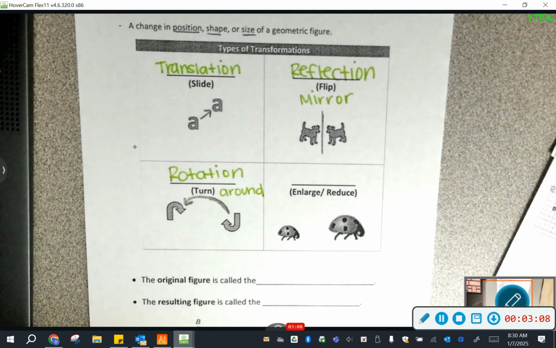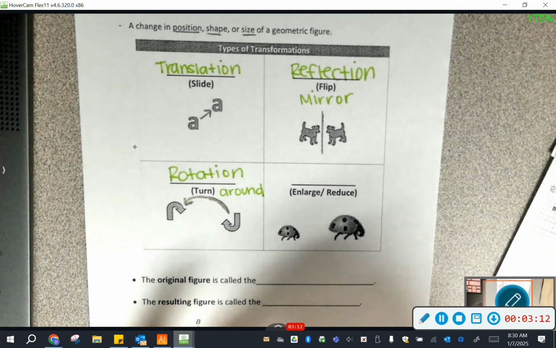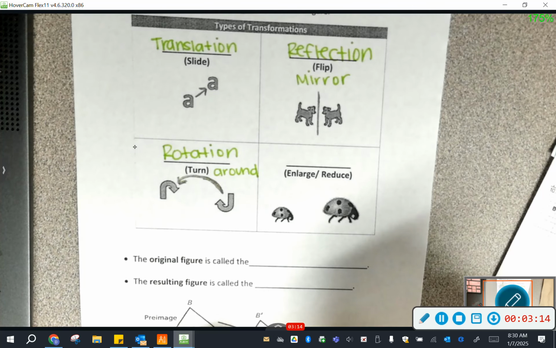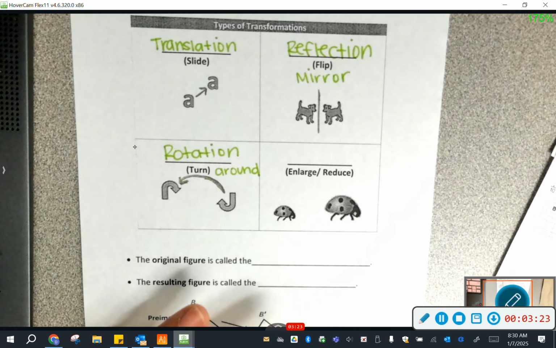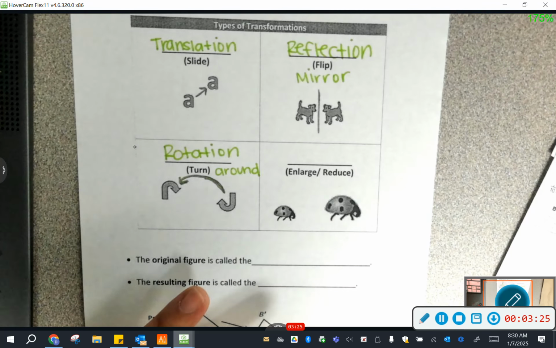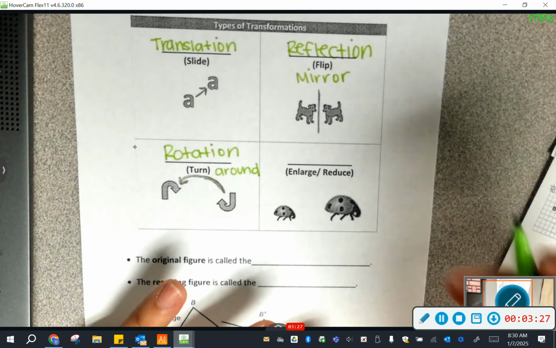This next one is the one y'all might have seen the least, maybe. Does anybody know what it's called when you enlarge or reduce something? Has anybody been to the eye doctor, and they put drops in your eyes to make your pupils get bigger? Do y'all know what that's called?